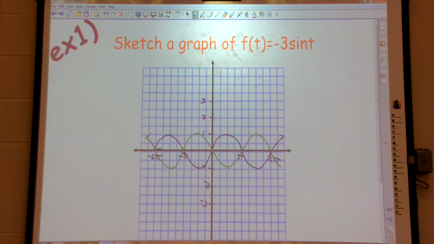And beautiful. Oh, Carol, what happened to the rest of your sine graph? They're not perfect, but try your best.